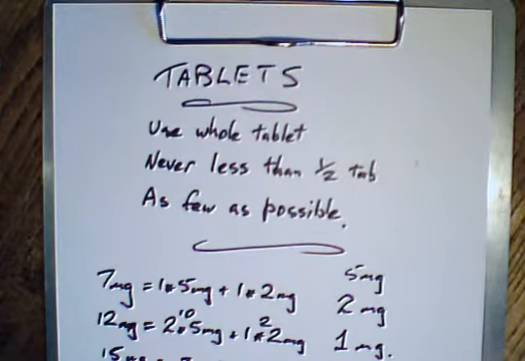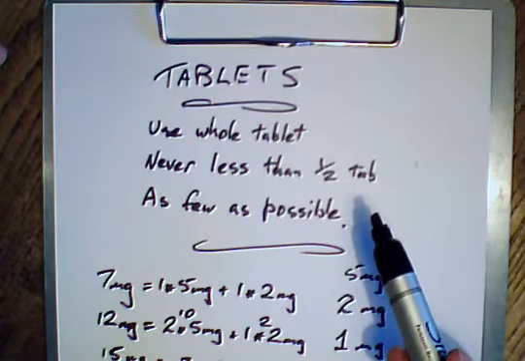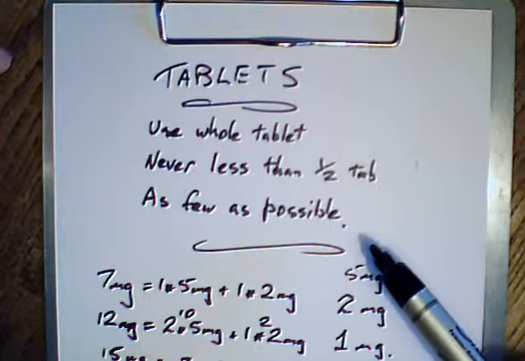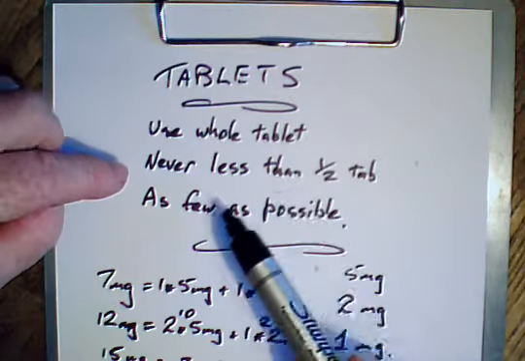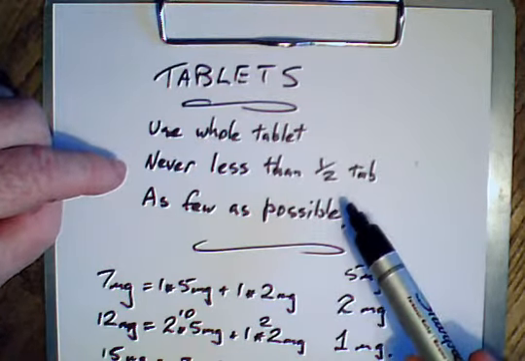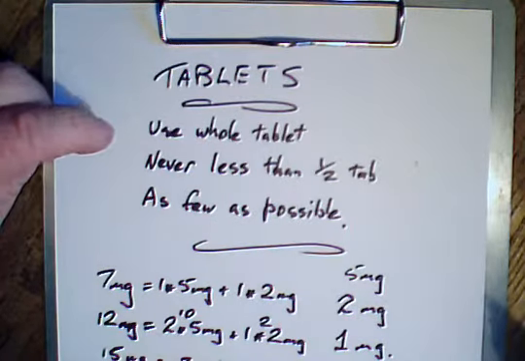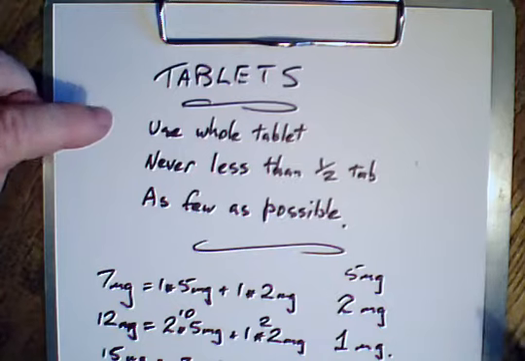So it works out more efficient to be using the minimal number of tablets, just using a higher dosage. Okay, so we use as few as possible. Under half a tablet gets really difficult to break up. Okay, so using a whole tablet where possible.